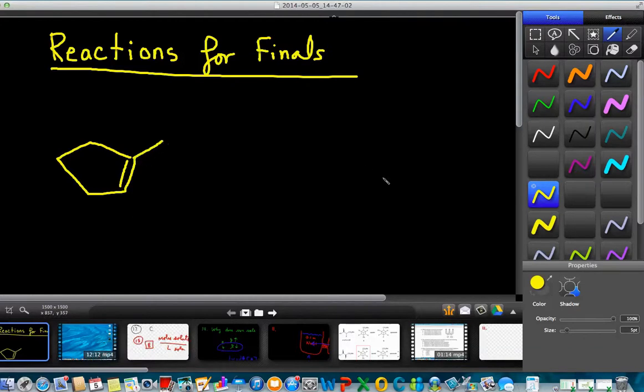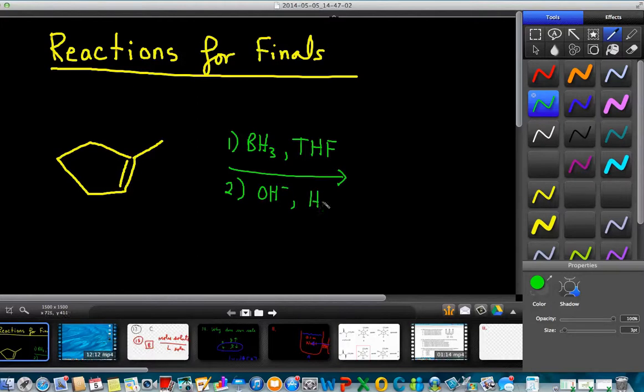And that substrate is going to be 1-methylcyclopentene. So the first reagent I'd like to discuss is borane, BH3, with a THF solvent, and in the second part of this mechanism we use hydroxide ion and hydrogen peroxide.